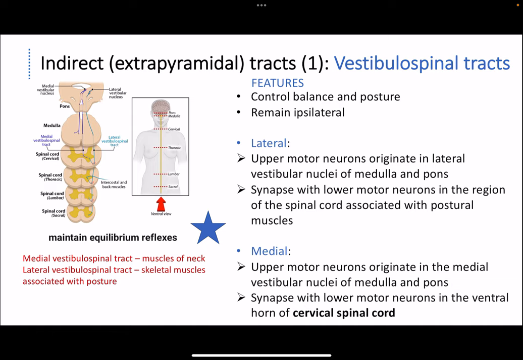If you leave in the lower part of the spinal cord, maybe you're going to muscles associated with the back or the arm or the leg or something like that. Okay, so this is vestibulospinal, coming in from the ear, cranial nerve 8, and then from there going to the pons, down the brainstem and spinal cord in the vestibulospinal tract, and then out to its effectors.